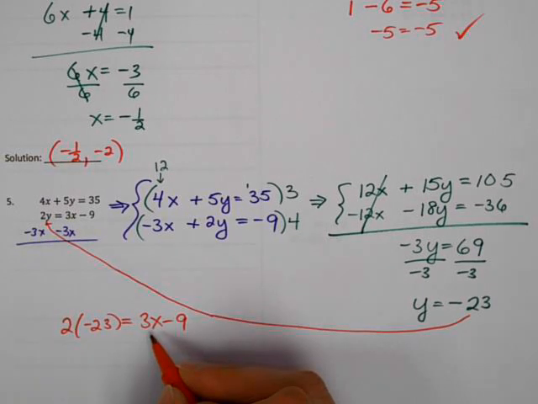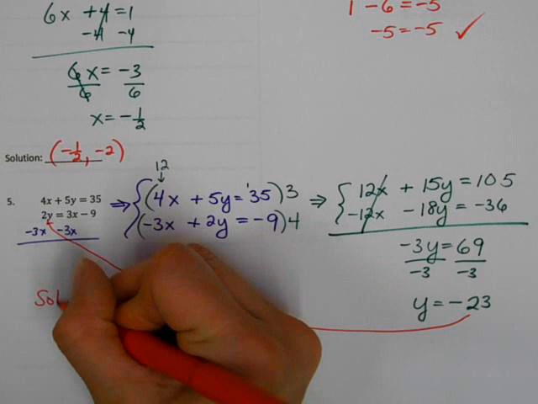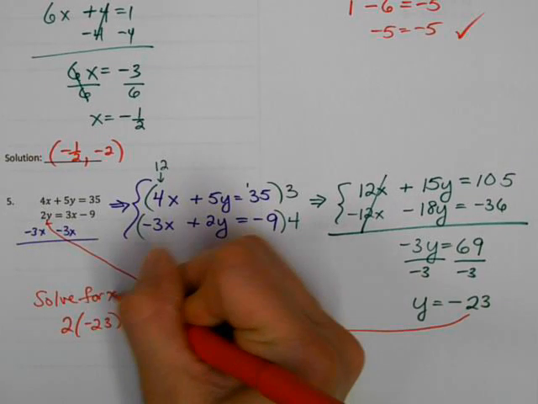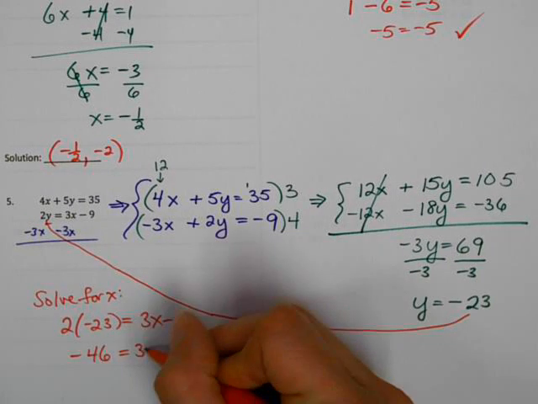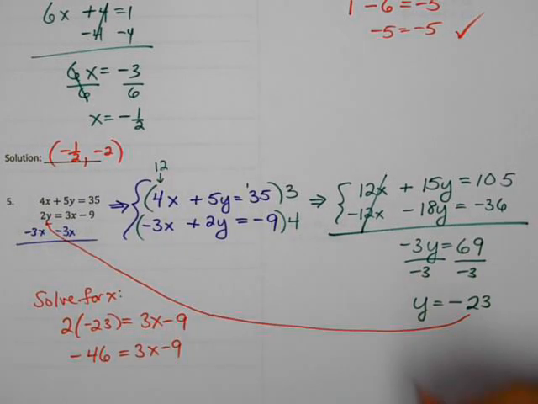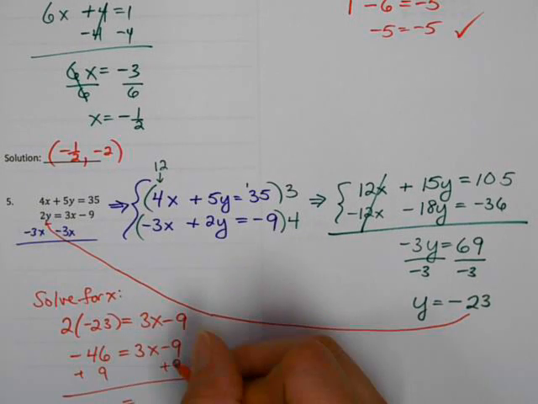Okay, now we're solving for x. This is the solution to y. Our job here is to solve for x. Negative 46 equals 3x minus 9. Let's go ahead and add 9 to both sides.